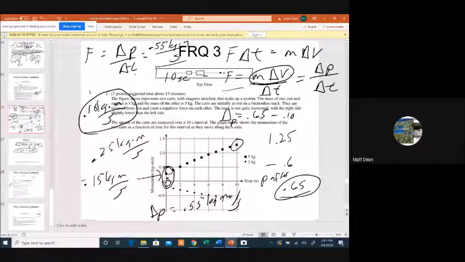So divide that out, and our force ends up being 5.5 newtons. Somewhere in that neighborhood.